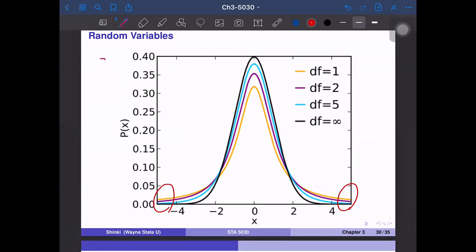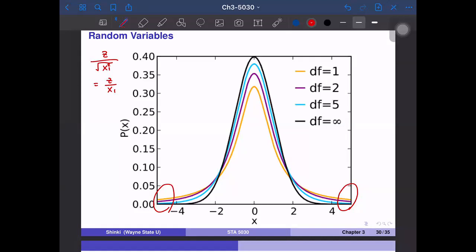So you can imagine that, for example, the T distribution with df 1 is z divided by the square root of x1 squared divided by 1. So actually this is z over x1, the ratio of two independent standard normal random variables.